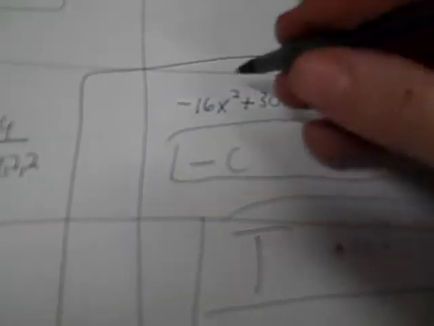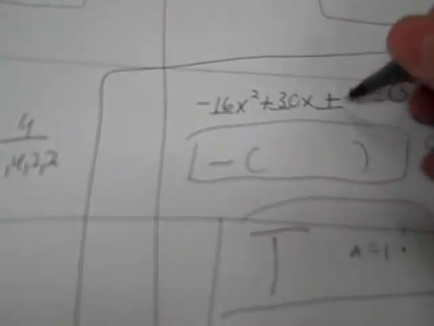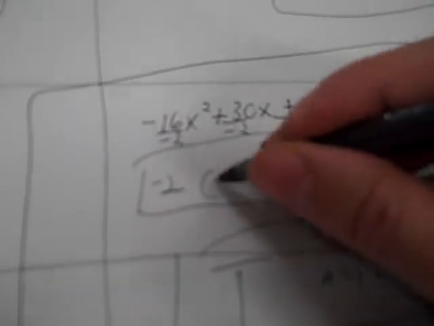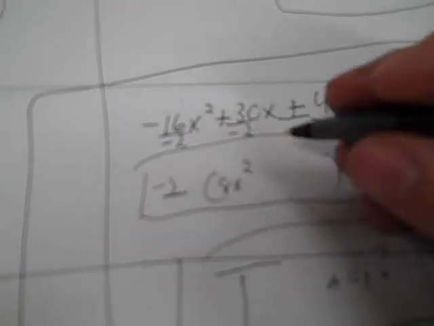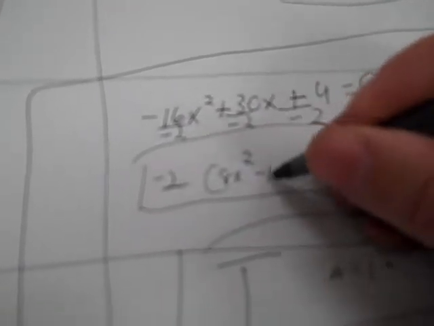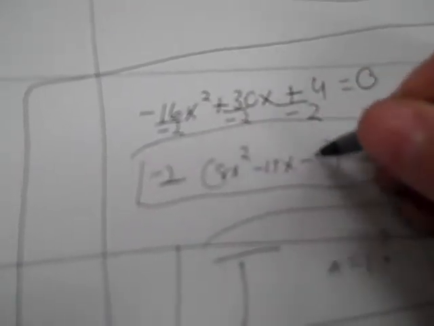Okay, now can you divide all these by 4? No, 30 divided by 4 is a decimal. How about 2? That'd be 8, that'd be 15, and that'd be 2. So 2 works, but it's negative 2. You're always going to have a negative. Okay, we're going to get 8x squared, and that becomes negative 15x, so minus 15x, and then minus 2.